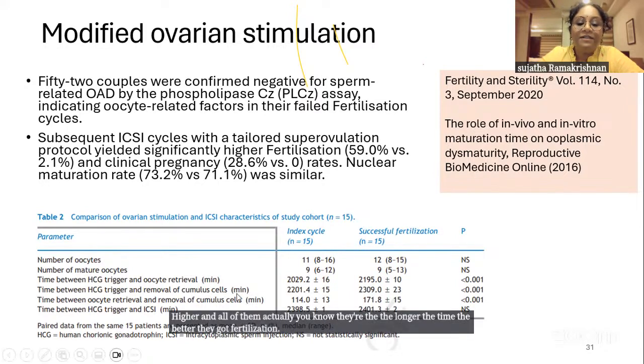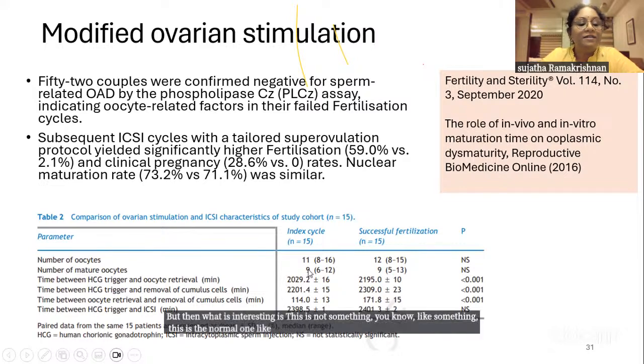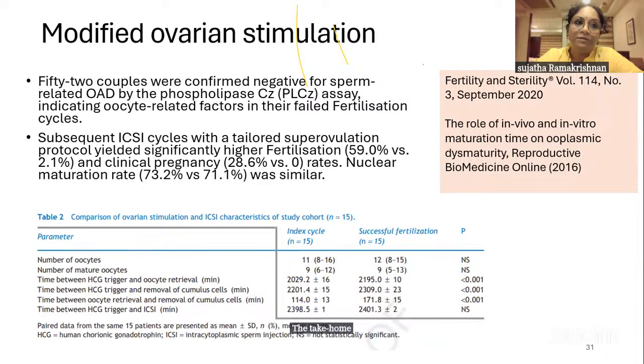What is interesting is that the normal is 34 to 36 hours. But in cases of failed fertilization, if the patient comes for the second cycle, you can think of slightly increasing it even more. That is the take-home point from this particular slide.